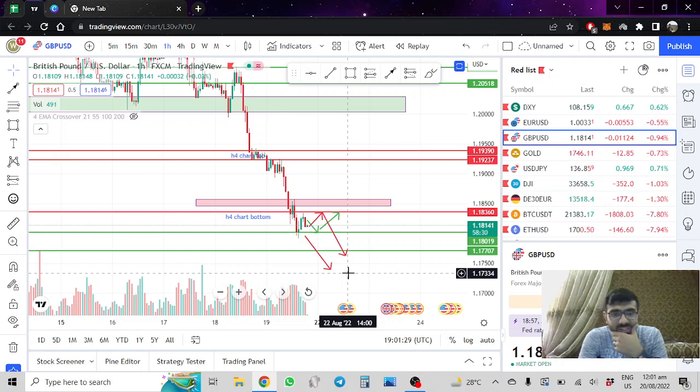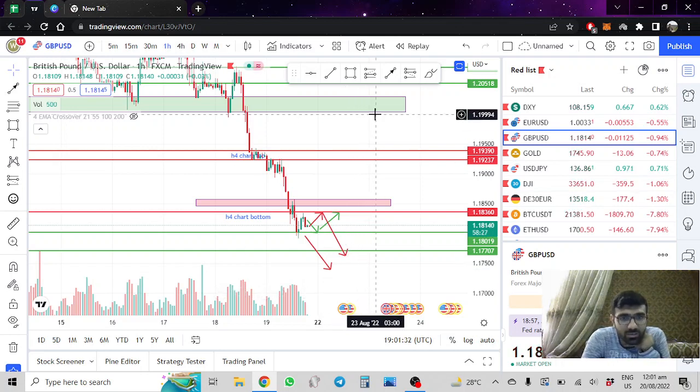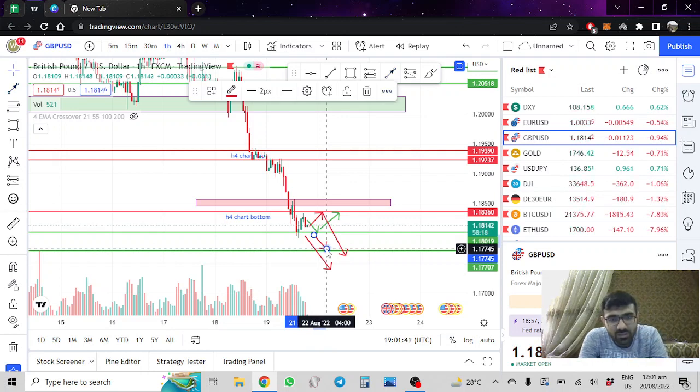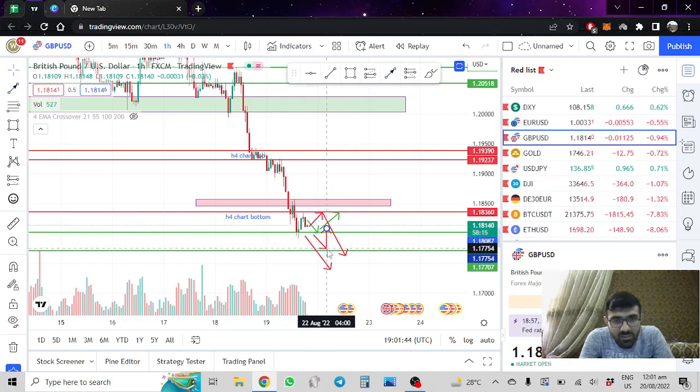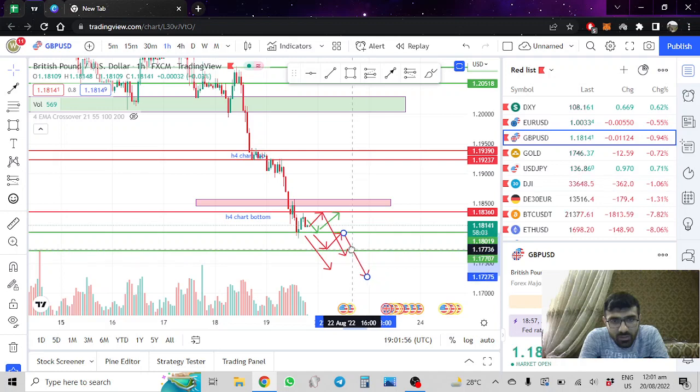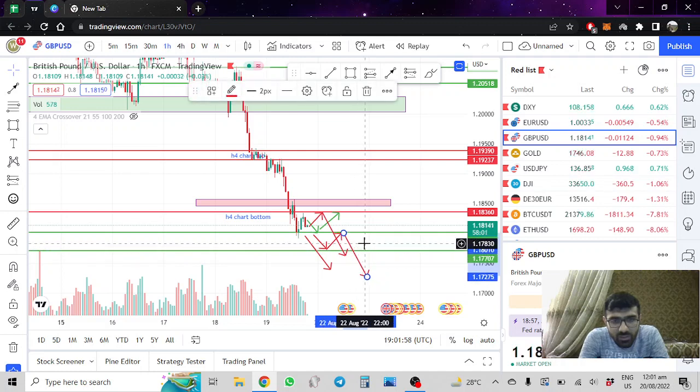Okay, the third scenario or the setup that I'm gonna make is that if this area is broken and then this area is tested again, something like this, and then we go short like this. Okay, so my preference would be this fourth scenario.